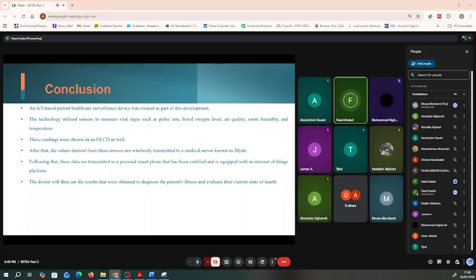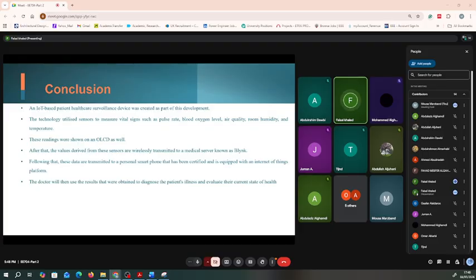That's the conclusion. An IoT-based patient healthcare surveillance device. As we know, nowadays we use IoT for healthcare, for software, for everything. So the IoT-based patient healthcare surveillance device was created as part of this development.